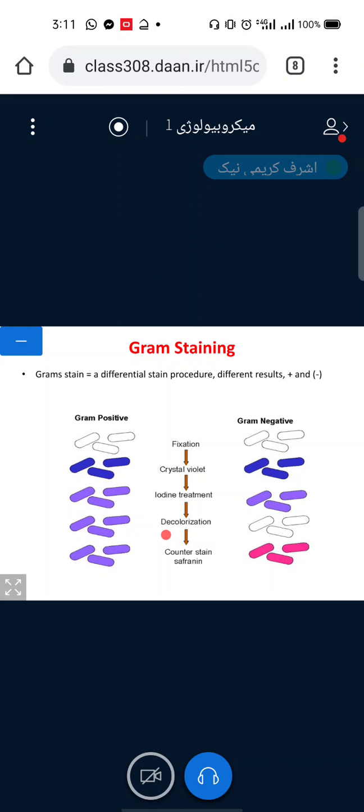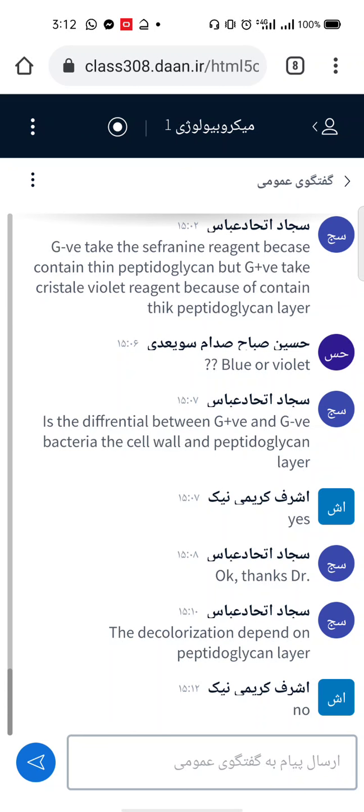And the last stage, you must stain the colorless bacteria. You use safranin, which is red, for 30 seconds.